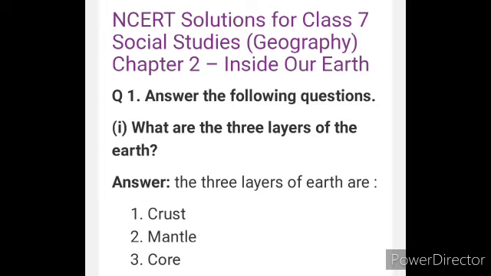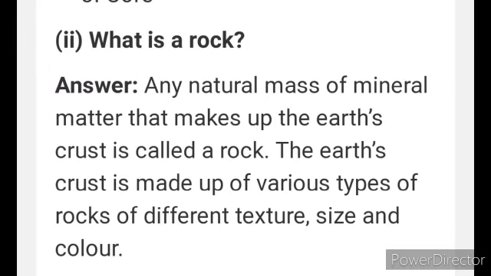The first question is, what are the three layers of the earth? As you have studied in this chapter, the three layers of the earth are the crust, the mantle, and the core. Next question is, what is a rock? The answer is any natural mass of mineral matter that makes up the earth's crust is called a rock.